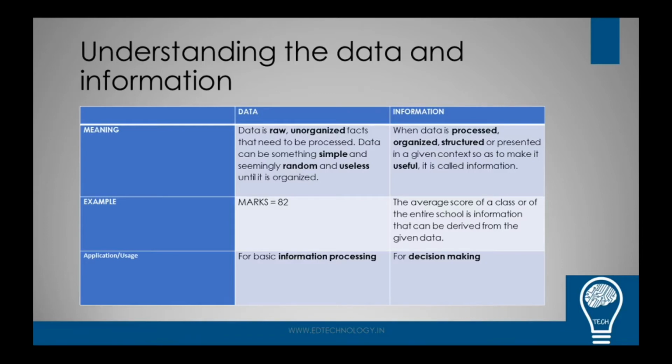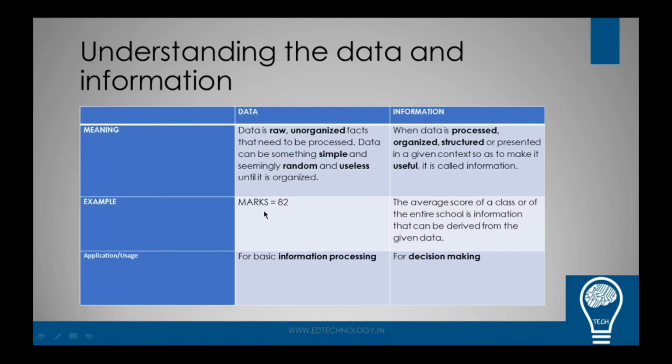Whereas information, which you see here, is more processed, more organized, and in a very structured form which can be used for different sorts of decision making. Data is used for information processing, whereas information is used for decision making. And how? We'll see this in the second row, which is the example I have taken here.